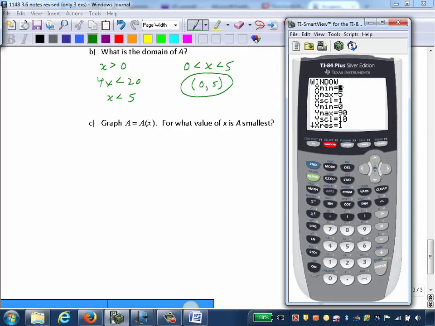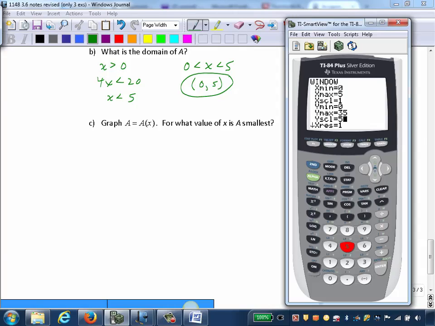So in my viewing window, I've got 0 to 5, and that's from the domain we found in Part B. And then my y values, actually, yeah, this should be 35. And I'm going to change my scale to 5.